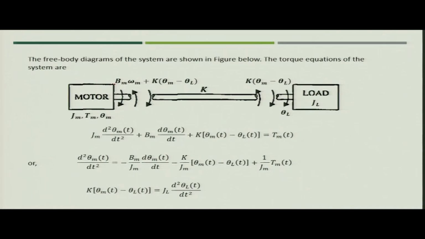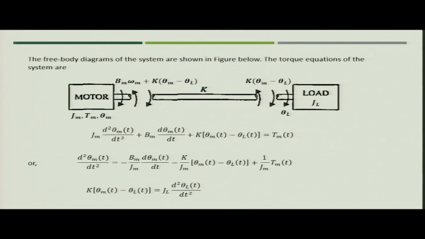From the motor side, if you see the free body diagram, when the torque Tm is applied, you will have the viscous friction part plus the spring torque part acting in the opposite direction of the applied motor torque.